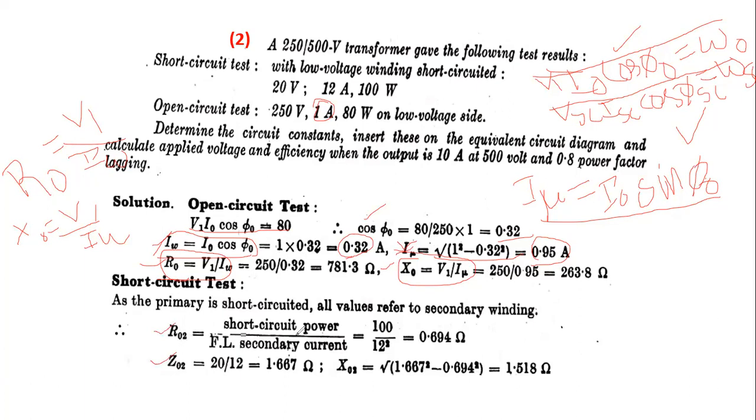What is the formula for R02? R02 is equal to WSC by ISC square.